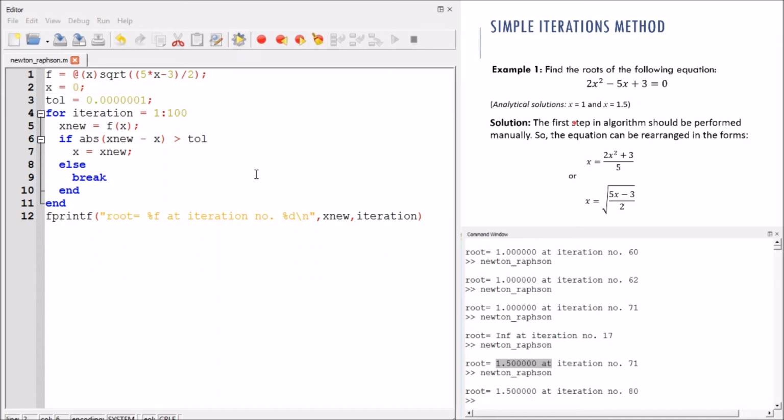See? Actually also 1.5 at iteration number 80. So here that means that we need to change the form in order to get the second root. So simply this is the simple iterations method.